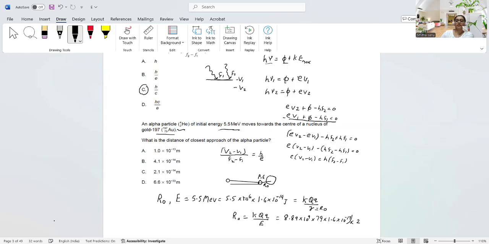So there are e into e for each of them, so it becomes e square divided by the energy that we have here, which is 5.5 into 10 to the power 6 into 1.6 into 10 to the power minus 19. One of these gets cancelled here. When we do the calculation, we get the answer, which is B.